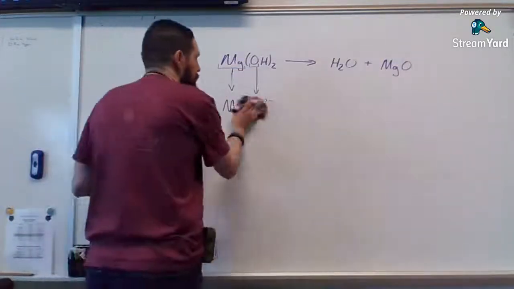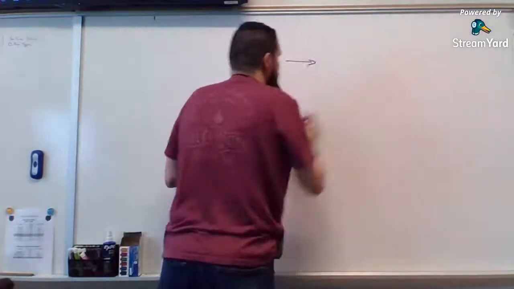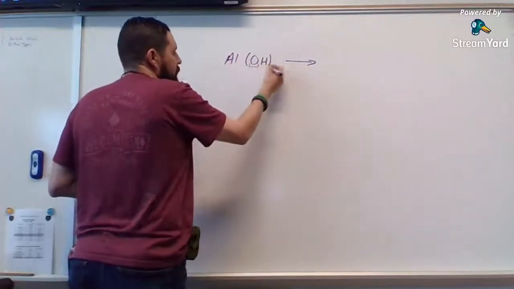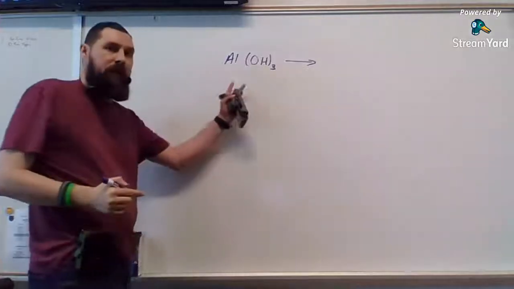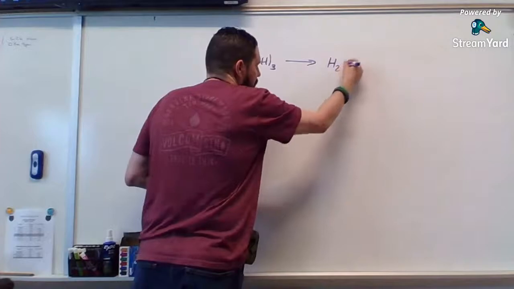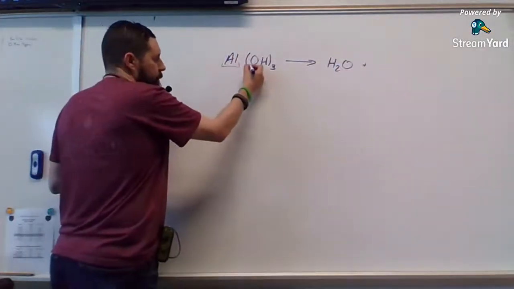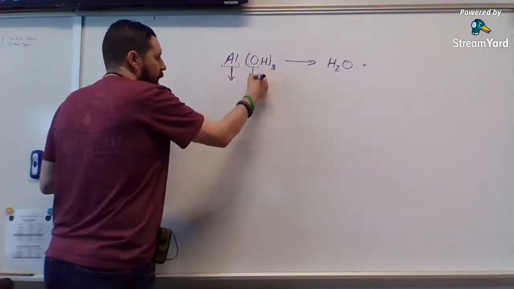One more. Let's do aluminum hydroxide. Same process. So Al(OH)3. And when this decomposes, again, first and foremost, I produce water. Then I'm going to take my metal and that oxygen and combine those to get my metal oxide.